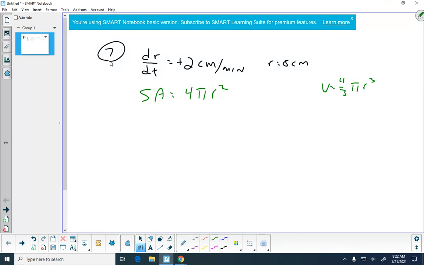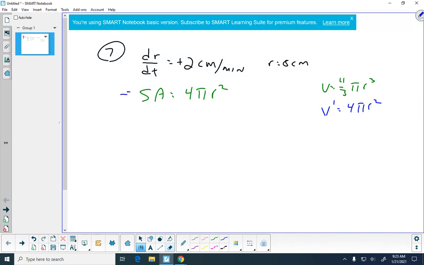If we take the derivative of the volume, not with respect to t, what we get is 4 pi r squared. So when you take your derivative, you lose a dimension. You go from cubes down to squares.